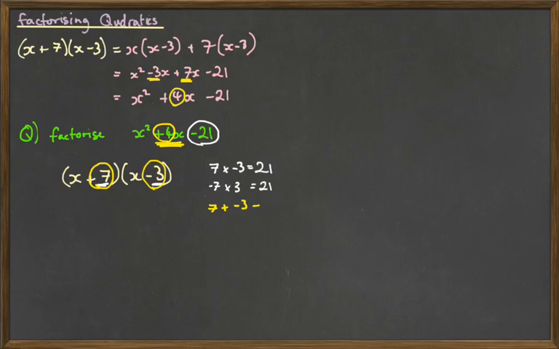So 7 plus minus 3 is 4, which is the one we want. But the other option was minus 7 and 3, which gives us minus 4, which is not what we want. So we can eliminate that. We now know that the two options are x plus 7 and x minus 3. So that's why the solution is what it is.